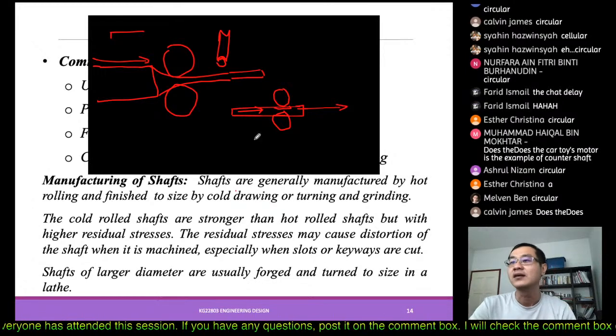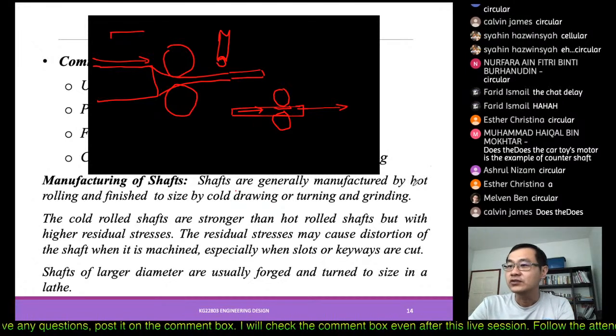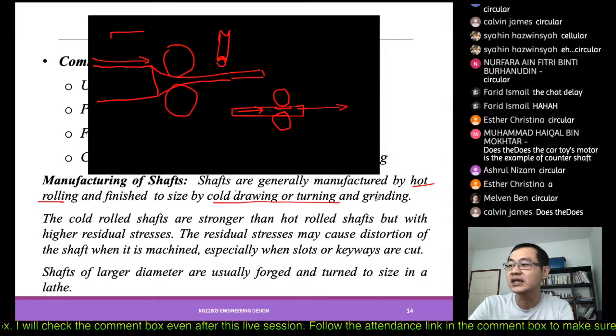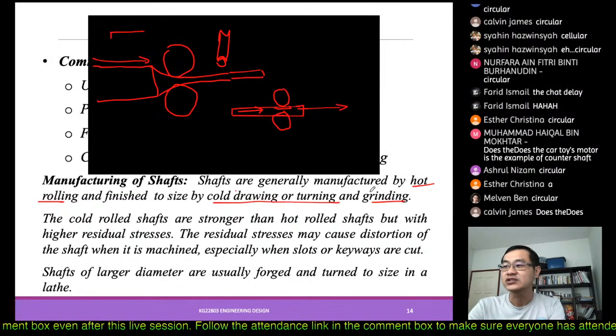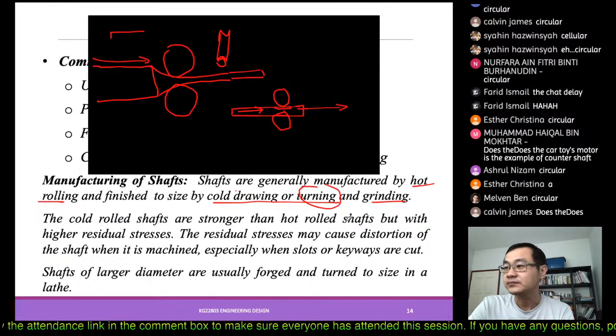So that is the general shaft, hot rolling and finished by cold drawing, turning, or grinding. Turning is using the lathe machine.